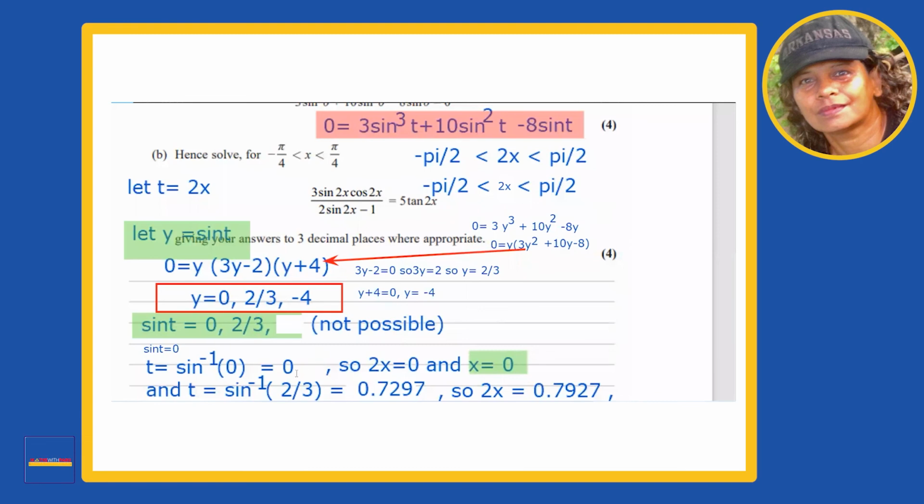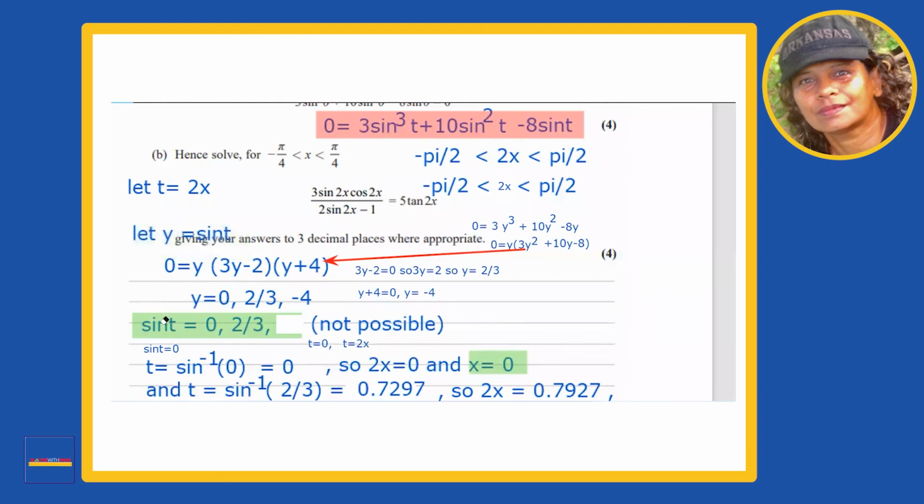But we know that t is equal to 2x. Therefore, if t is 0 and t is 2x, then 2x is equal to 0 and x is equal to 0.